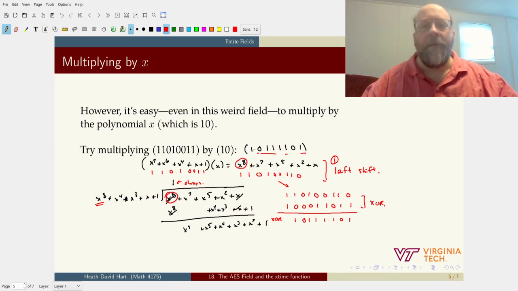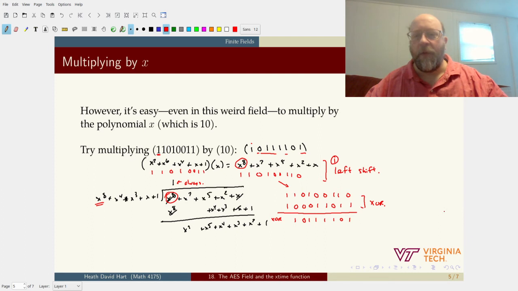That won't happen if this is a 0. I'm sorry, if this is a 0, because then even with a left shift, we still won't have an 8th power. If we don't have an 8th power, then we're good. We can just return the answer we have. But if we do have an 8th power, then we finish up with an XOR step right here.